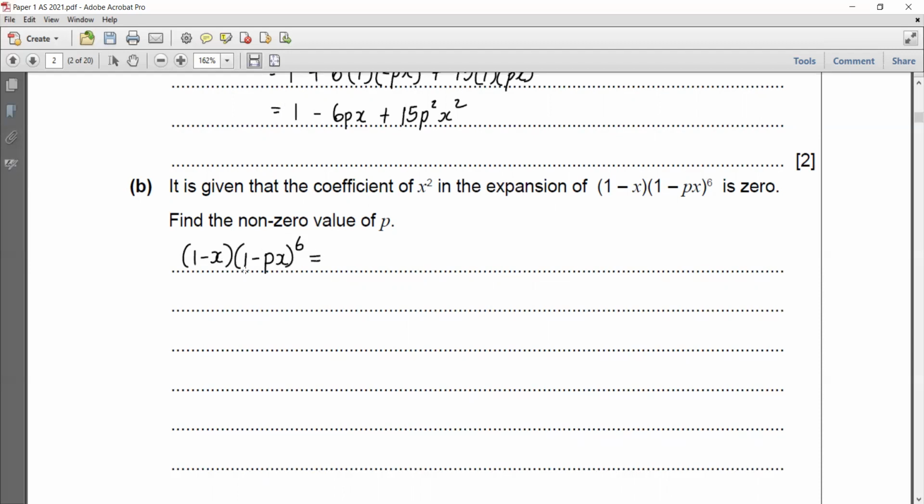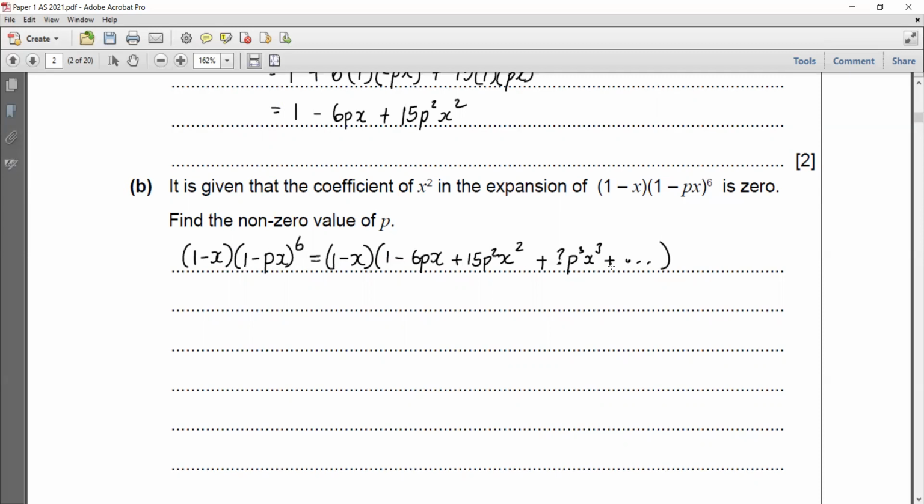I can rewrite this as (1 - x), and then this one here, I haven't worked out what the entire expansion is, but I know that the first three terms are 1 - 6px + 15p squared x squared, and then the next term will be some number, then p to the power of 3, and x to the power of 3, and it'll continue like that.